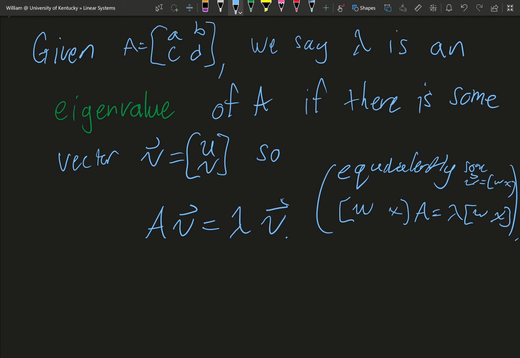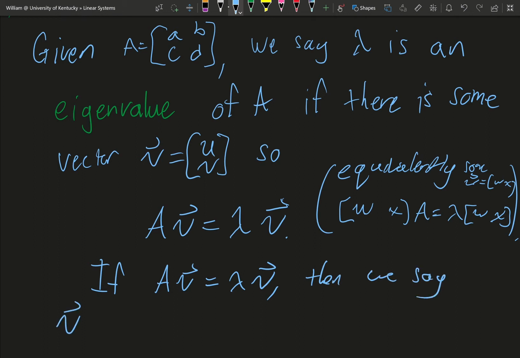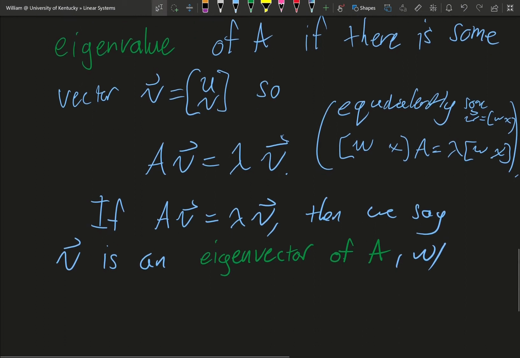Okay, so that's one piece, an eigenvalue. If A times V equals lambda times V, then we say V is an eigenvector of A with eigenvalue lambda.